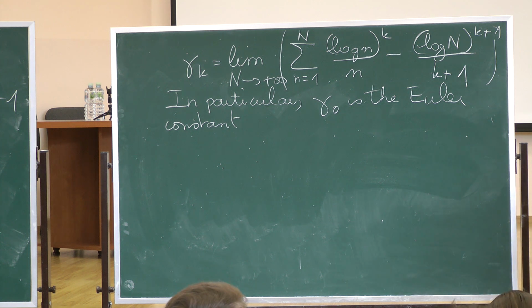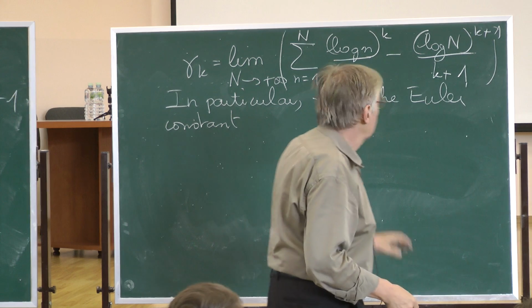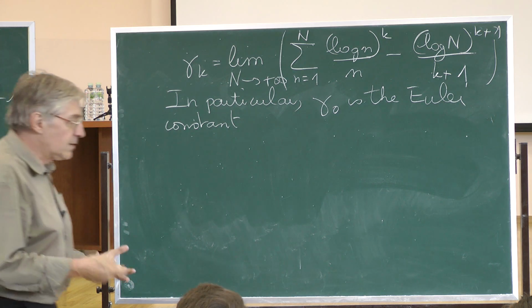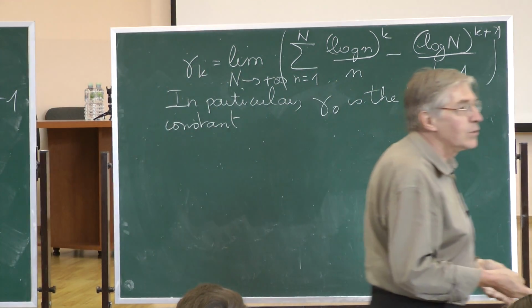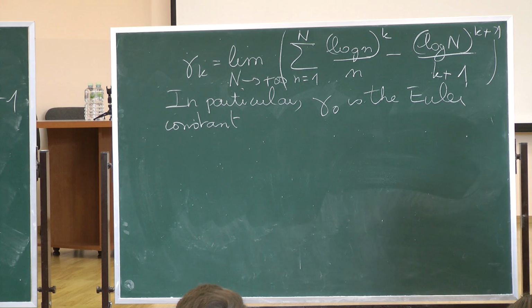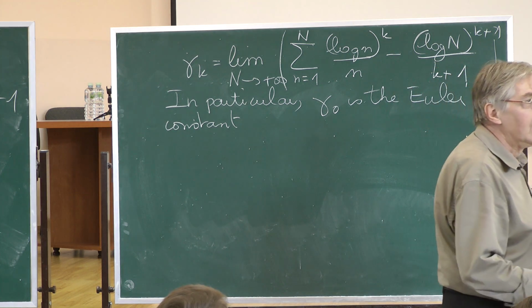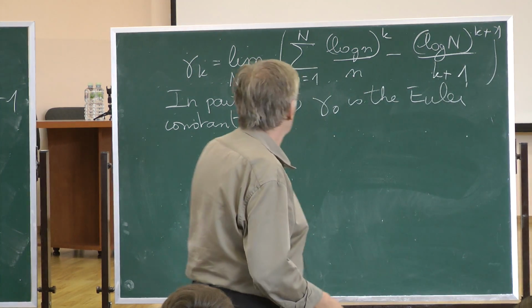So it's the polynomial that you have to remove in order to destroy the behavior at infinity and to get a constant. I prefer to interpret it always as a regularized value, because this regularized value is much more natural. It is just what you get when you take absolutely formally the k-th derivative, up to sign, of the Riemann zeta function at the point 1.